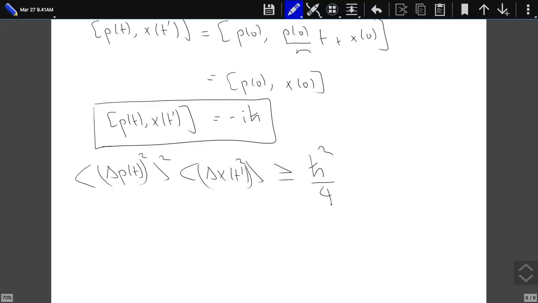Delta x is infinite at all times. Or I can just look at it the other way around. Let's say I have a very localized particle at the time t equal to 0. So I don't know its momentum now. If I let it evolve, I don't know its momentum at a later time also. Delta p is always infinite.